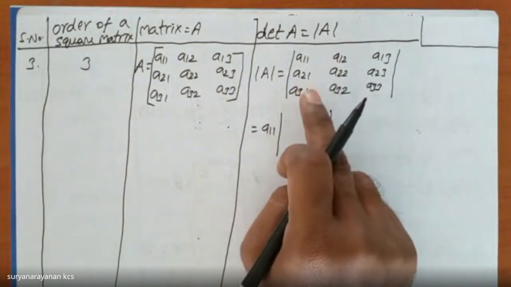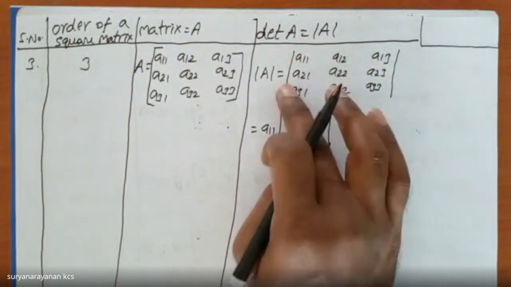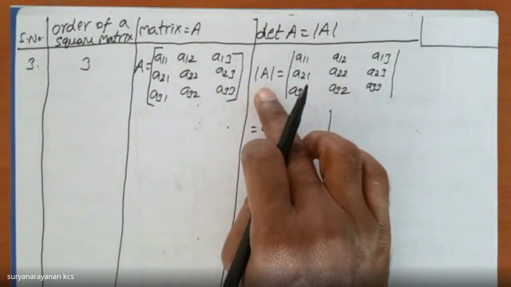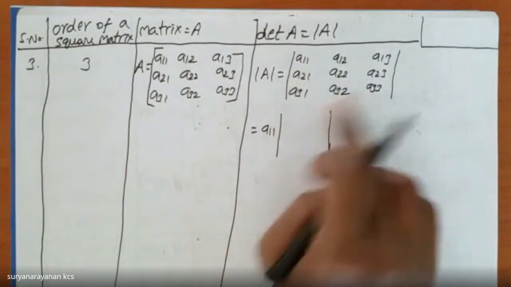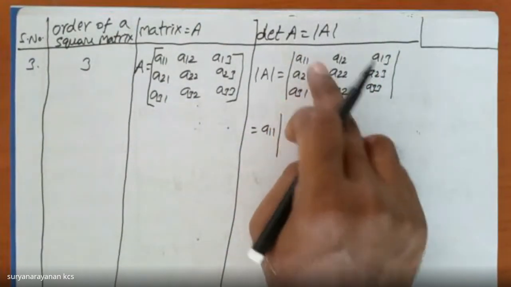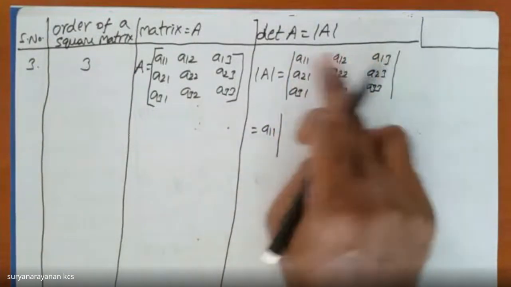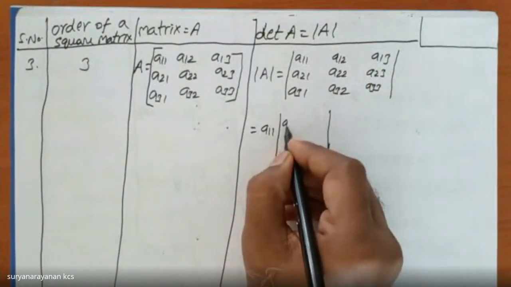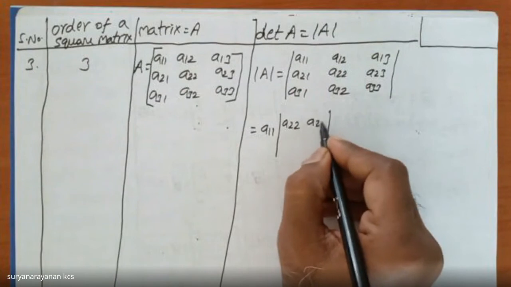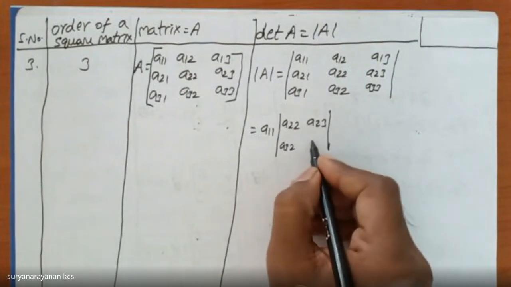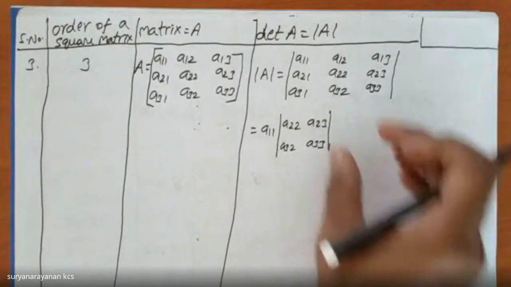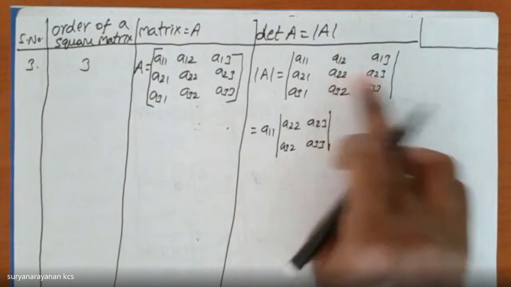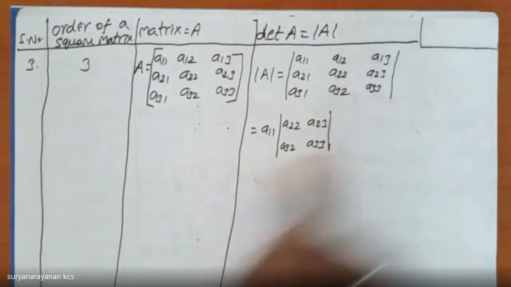We are finding the determinant of the matrix by expanding the first row, using the first row only to find the determinant of matrix A. So the first element I wrote here; close that first row and first column, because we have taken the first row, first column element. What are the elements left here? A22, A23, A32, A33. We get a small part of this matrix. Yes or no?